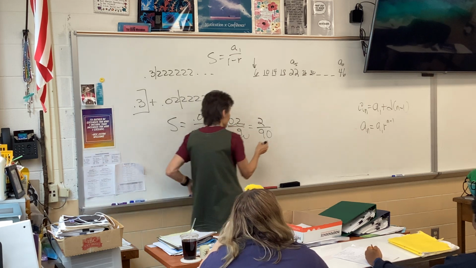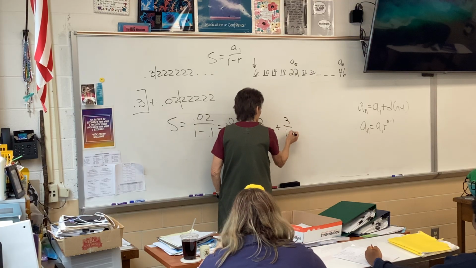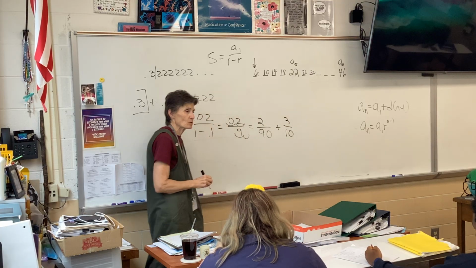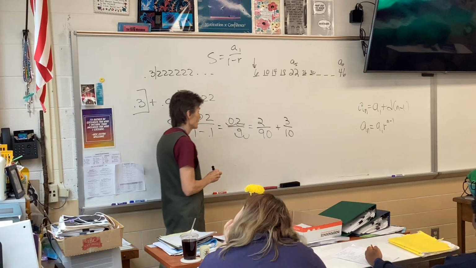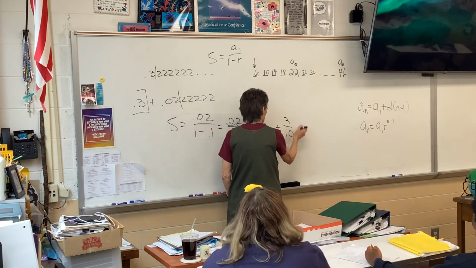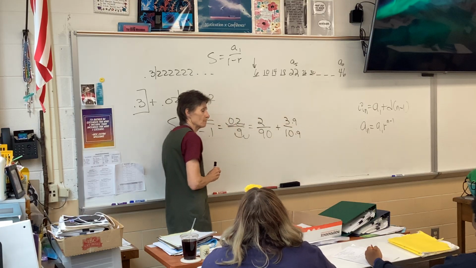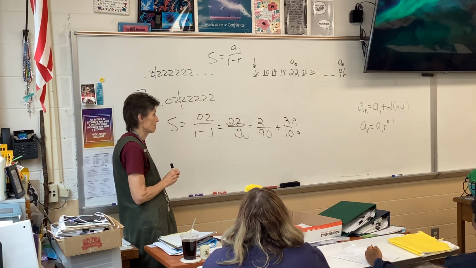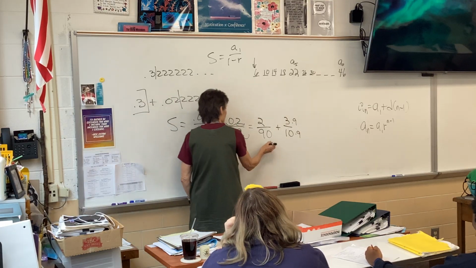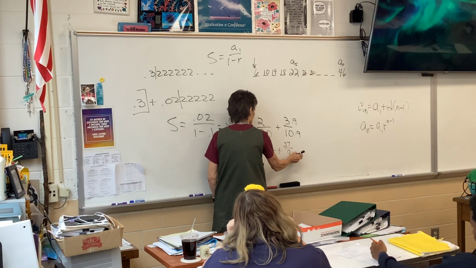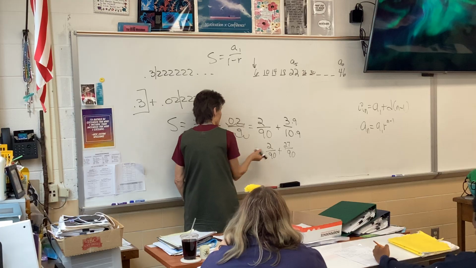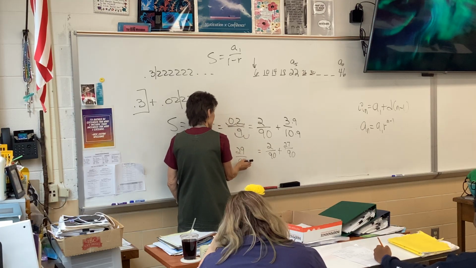So I still need to add 3/10. Remember, 0.3 is 3/10. So I'm going to get a common denominator. So I have 2/90 plus 27/90, which gives me an answer of 29/90.